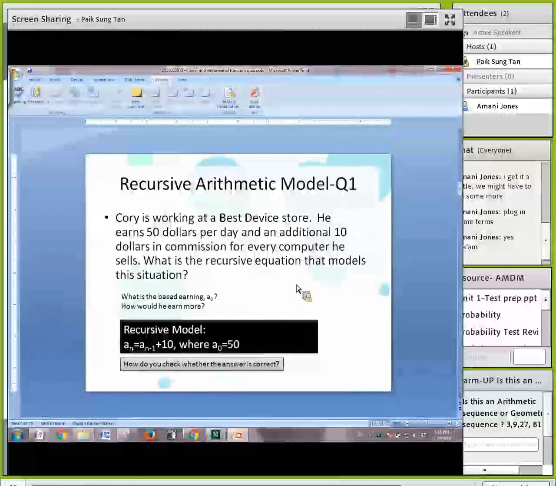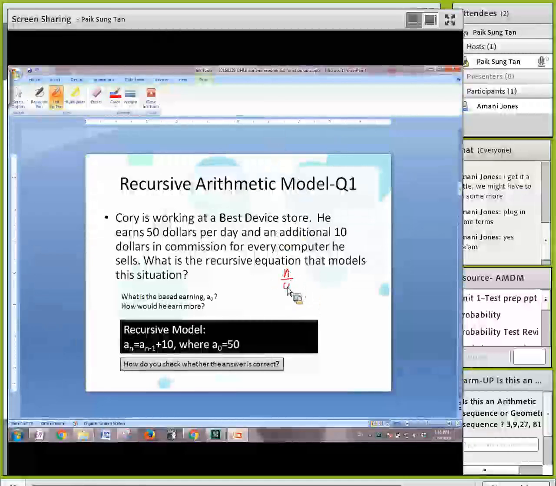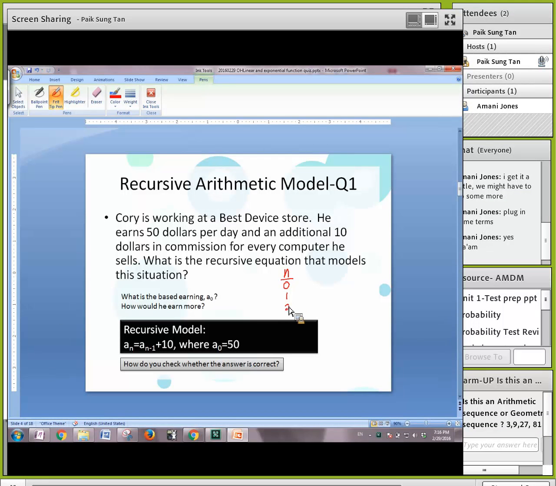So, to know whether this is correct, we know n is 0, 1, or 2, meaning he sells 0 computers, 1 computer, or 2 computers. Okay, so we know how much he will earn. If he sells 0 computers, he's going to earn 50, right?